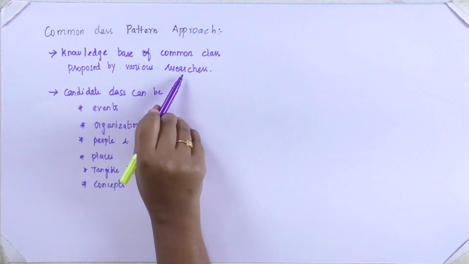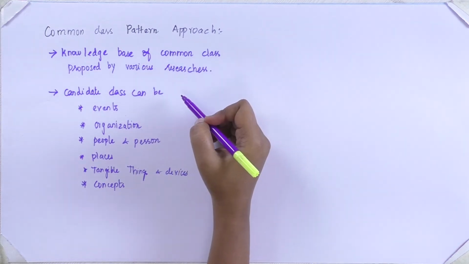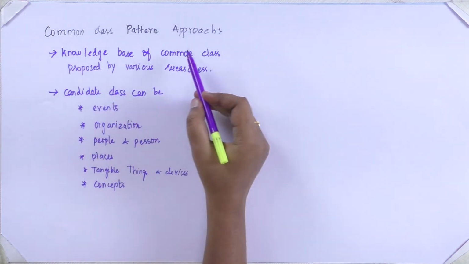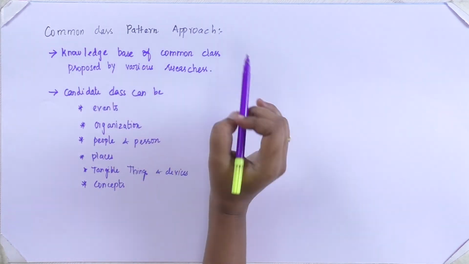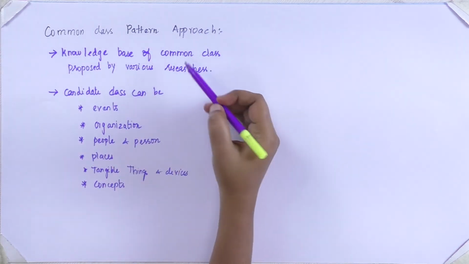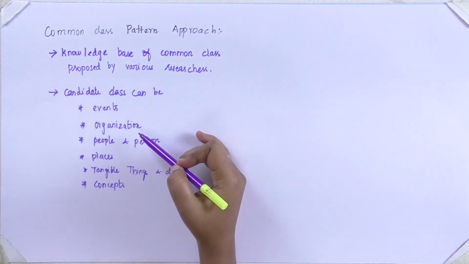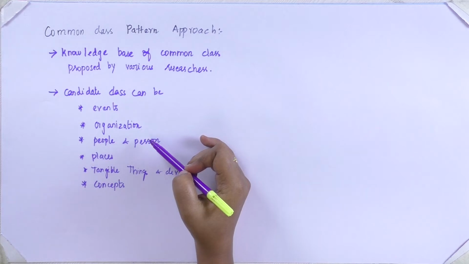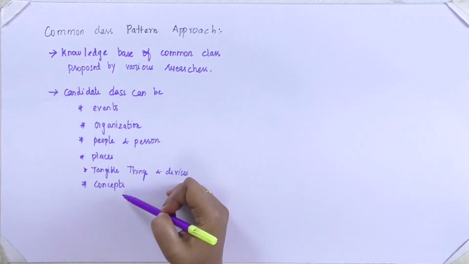Various researchers have said these are some common classes which come up for all products. Based on that knowledge, you start off the common class pattern approach. In this approach, a candidate class can be an event, an organization, a person, a place, a tangible thing and device, or a concept.